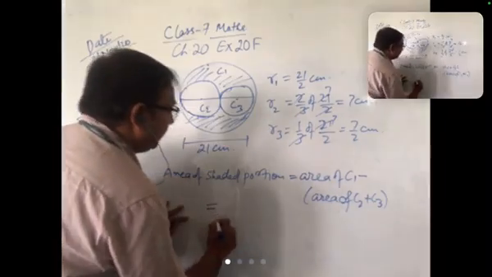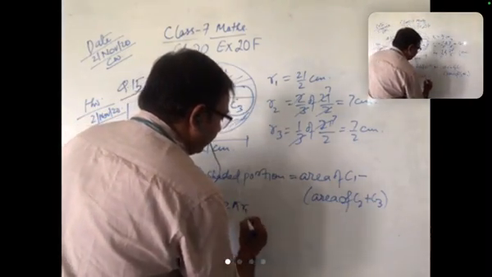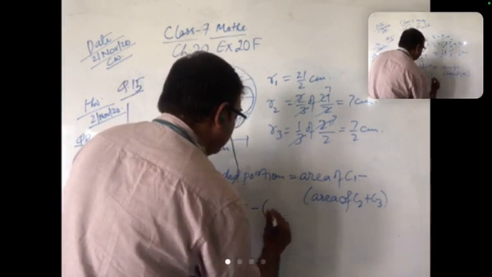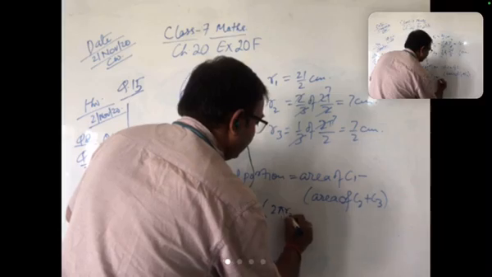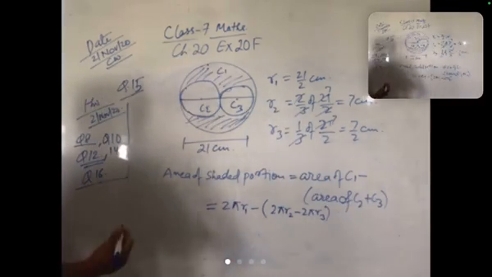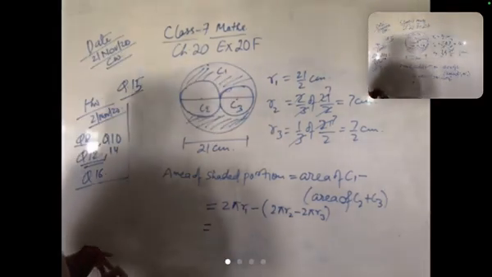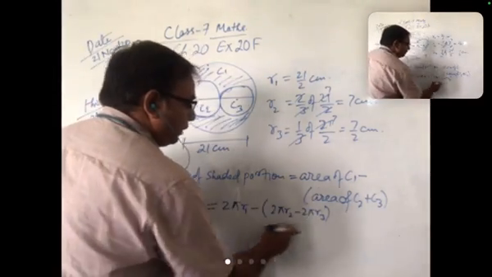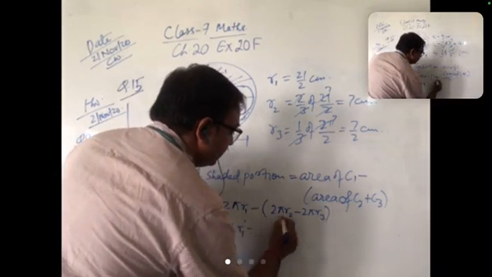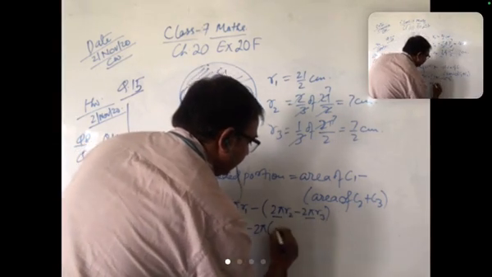So it is equal to pi r1 square minus pi r2 square minus pi r3 square. We can put the value and find the solution. Or if you want to take common, you can take pi common and write r1 square minus r2 square minus r3 square.